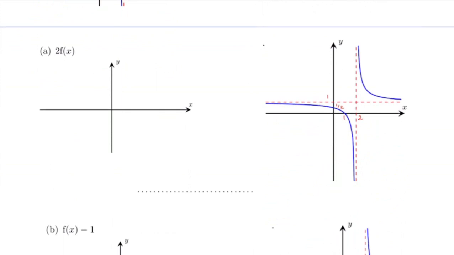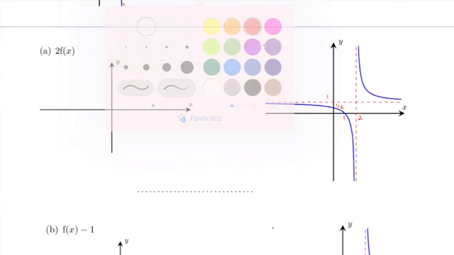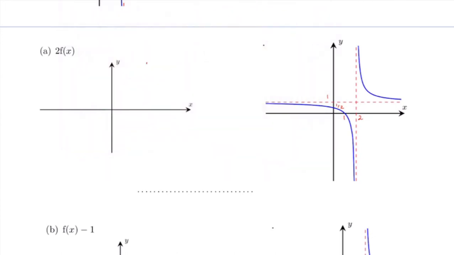So the first one, we want 2f of x, which is a stretch of scale factor 2 in the y direction. Notice we are still going to have a vertical asymptote at 2, because vertically nothing's happening, it's horizontally. We will have a horizontal asymptote at 2, because the horizontal asymptote at 1 stretched to become a horizontal asymptote at 2.